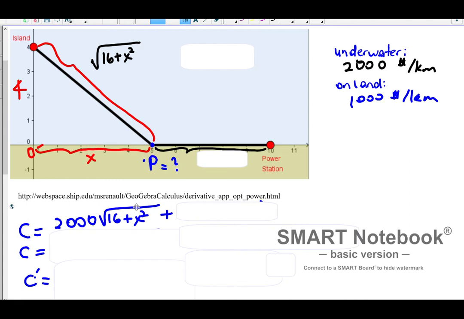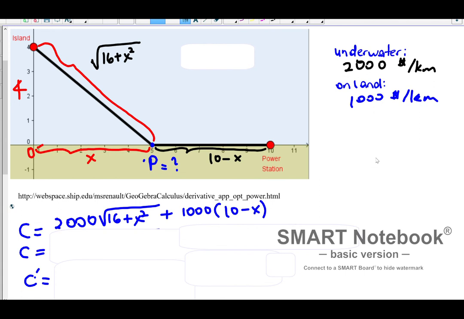And the other segment, the one that is going on land, the length of that is, since the entire distance from the point O to the power station was 10 kilometers, and since this distance is x, this will be 10 minus x, and the cost of that segment will be, since on land the cost is $1,000 per kilometer, multiplied by 10 minus x.